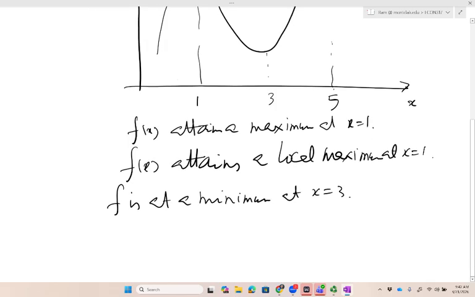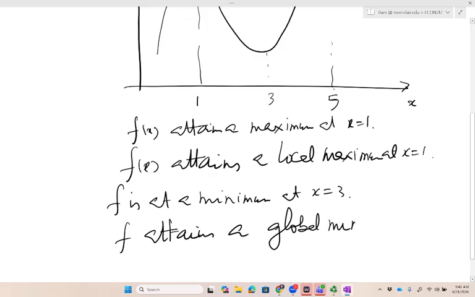So we can now say not only it is a minimum, f attains a global minimum at x equal to 3.